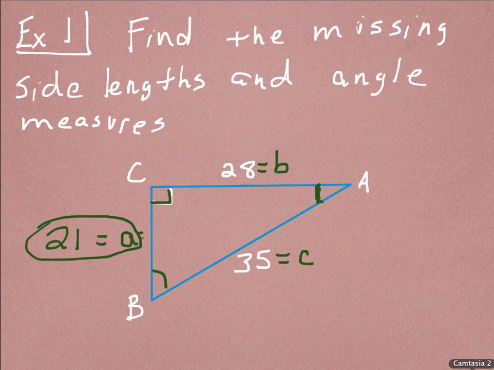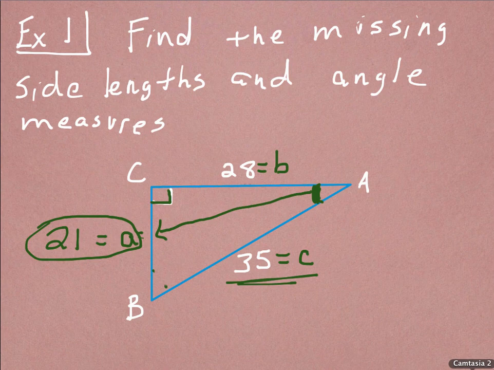Now, if I want to find angle A, I got to pick a trig ratio that I can use to find it. I'm going to erase this angle down here. So let's set this up. If I'm at angle A and I have a hypotenuse, do I have its opposite? Well, certainly. It's 21.